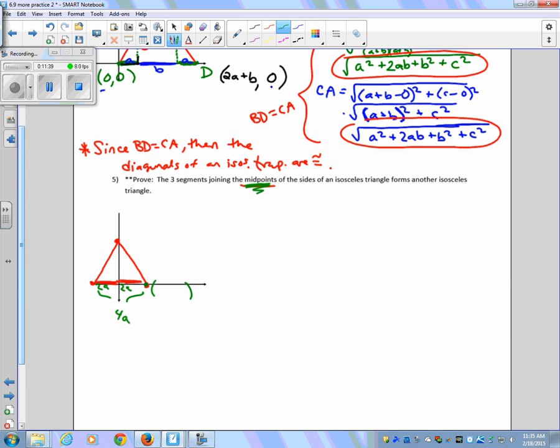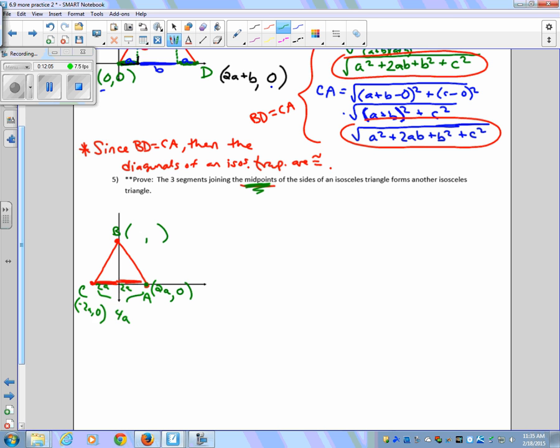Which makes the coordinates of A what? 2a, 0. What are the coordinates of C? Good, negative 2a, 0. And what about B?